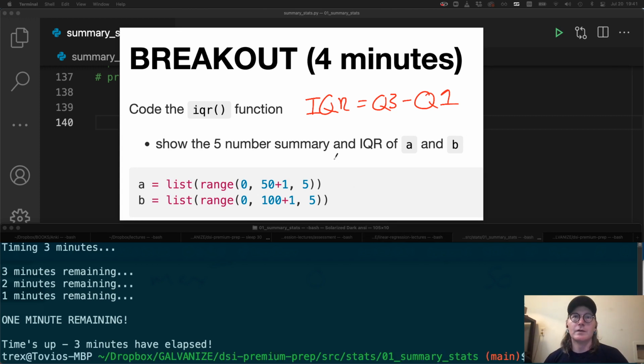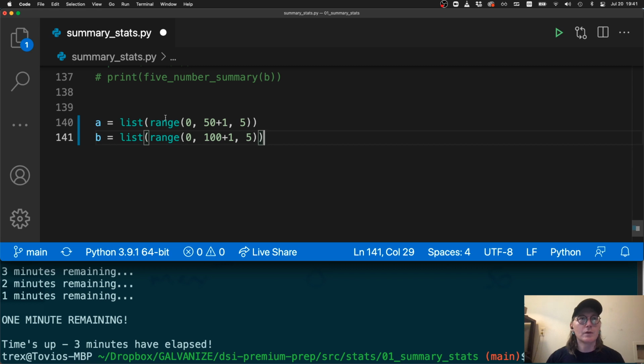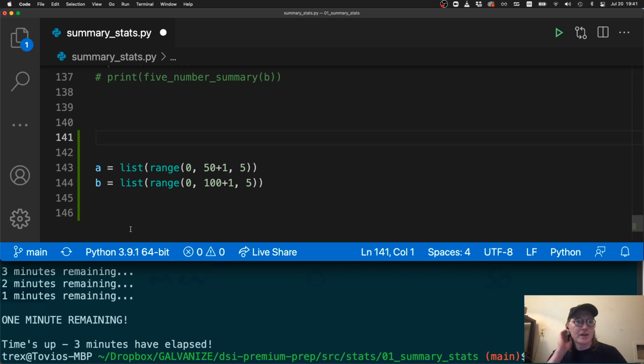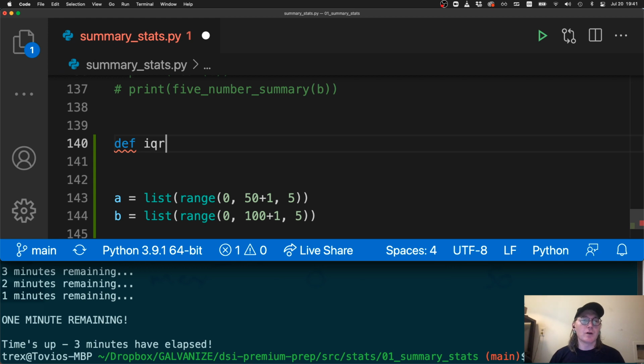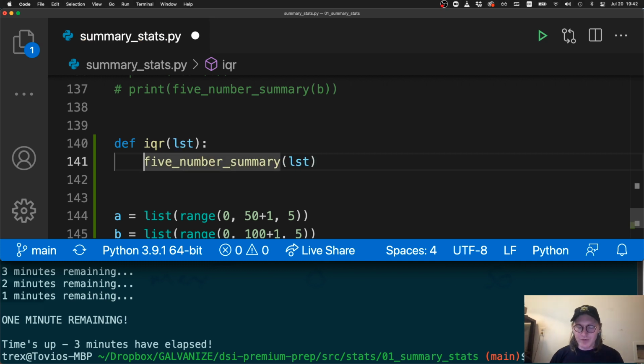Okay, so let's go through this. There are our numbers. I'm going to write the function above this. The function IQR here is very simple. We can just say IQR of a list. We're going to get the 5-number summary of that list, and there are going to be 5 things that come out of this.